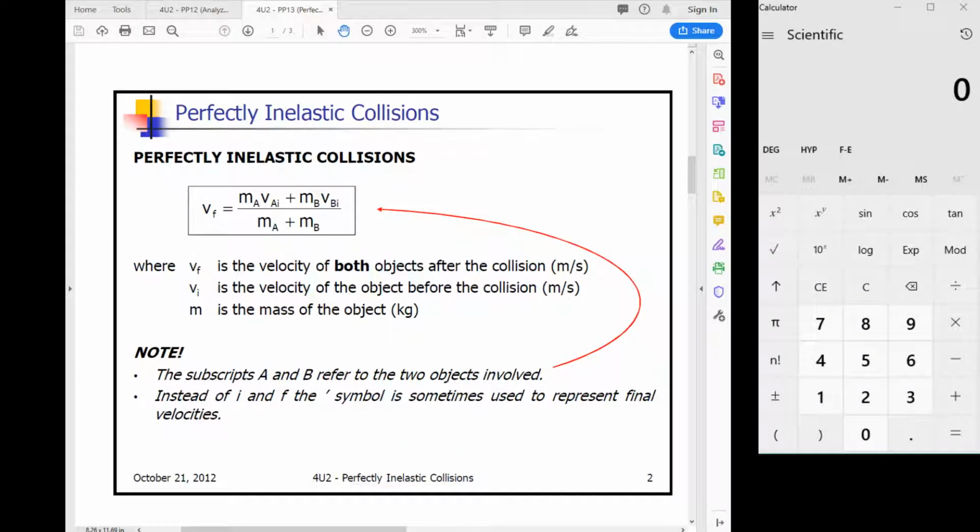So please copy this down. This is the equation for perfectly inelastic collisions. And if you're wondering where this comes from, this is an analysis of the momentum of the objects. I won't go through how it's derived, but we have MAVAI plus MBVBI. That is the initial momentum.